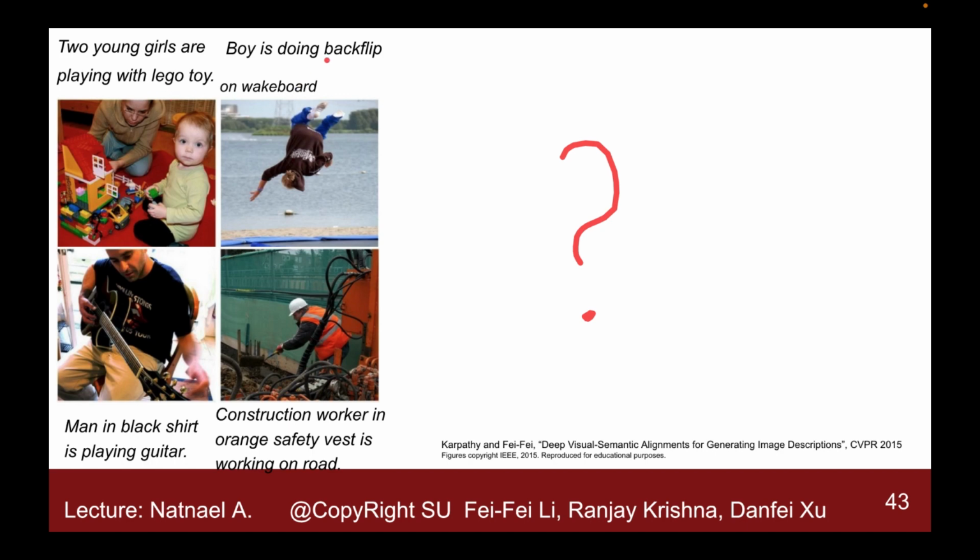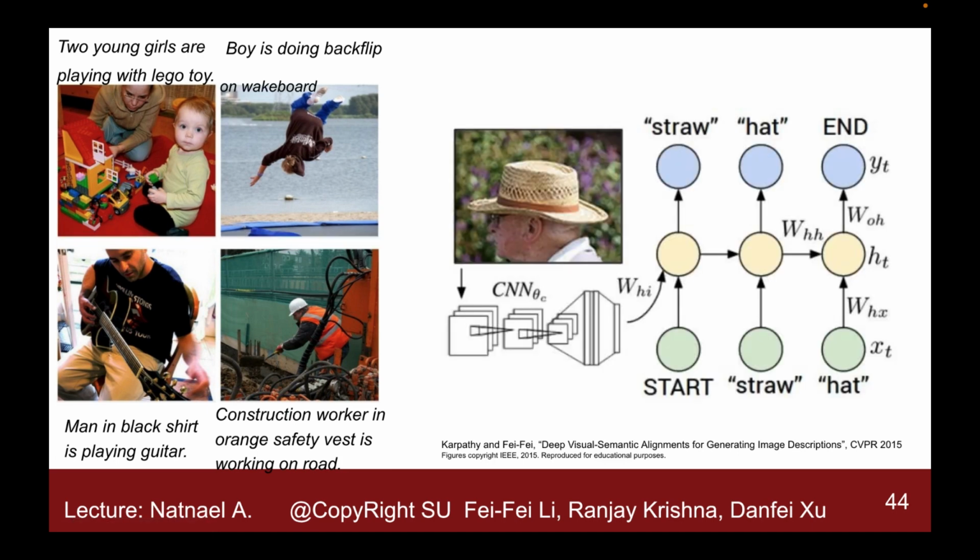For this one, a boy is doing a backflip on a wakeboard. The other one here, a man in a black shirt is playing guitar. These are basically classification problems and applications. The corresponding model that performs these kinds of applications could be a linear classifier or even a non-linear classifier like a neural network.